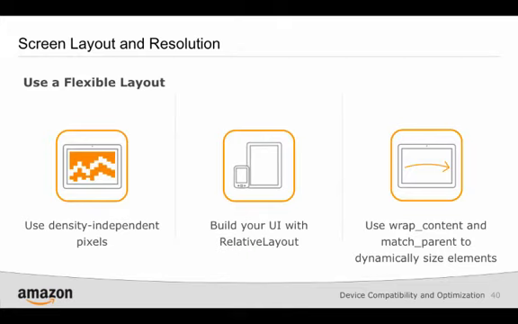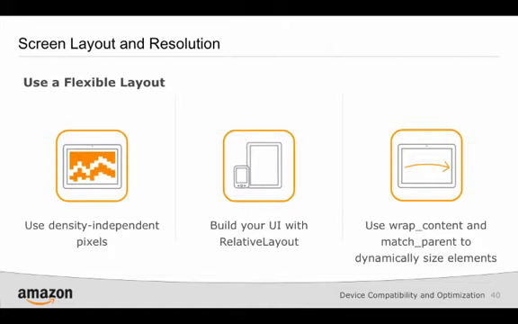To address these issues, design your app to use a flexible layout. A flexible layout enables your app's user interface to dynamically scale to different screen sizes, densities, and aspect ratios at runtime. You can follow the Android best practices for designing an app for multiple different screen types, including create layouts using density-independent pixels, DP, rather than absolute pixels.